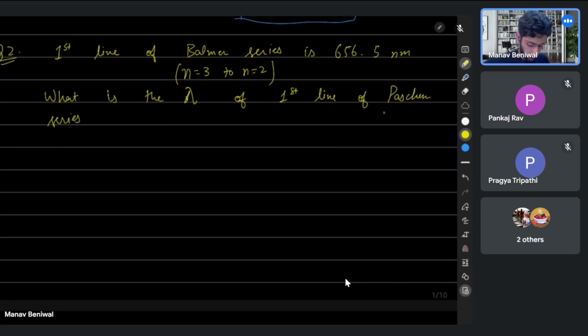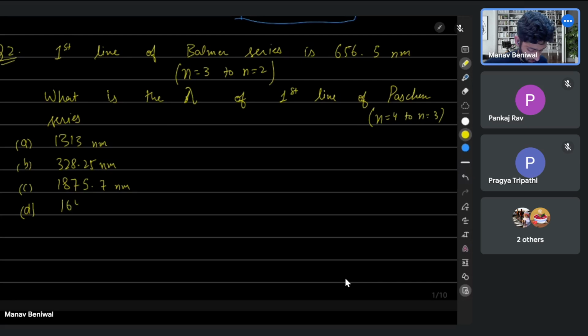What is Paschen series? The first line will be n equals 4 to n equals 3. Okay? This is all given to us. And the options that are given to us are 1313, 328.25, 1875.7, and 164.125 nanometers.